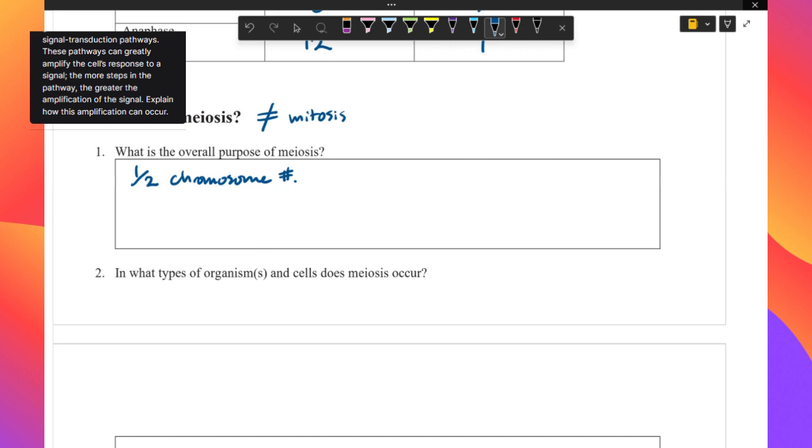Reduce the number of chromosomes by half, from diploid to haploid. This is a very specific half of the chromosomes. The haploid cell contains 1 member of every pair of chromosomes found in the diploid parent cell.